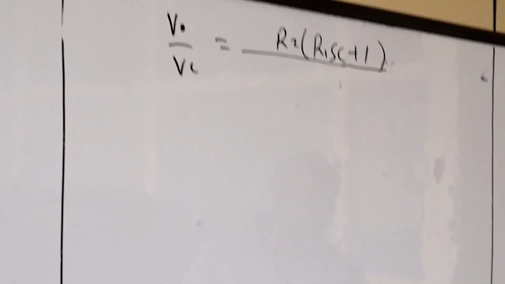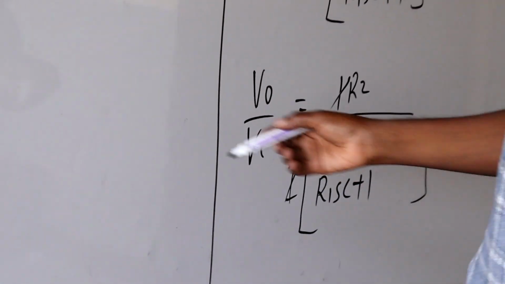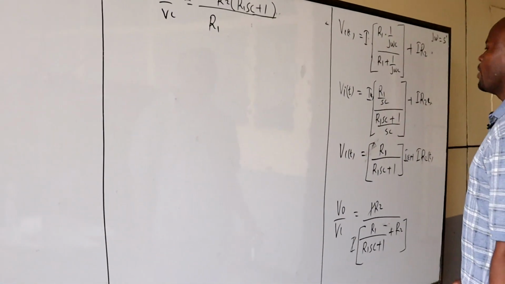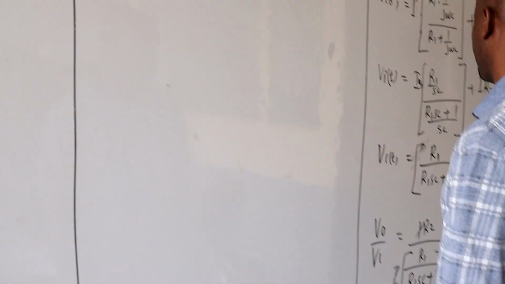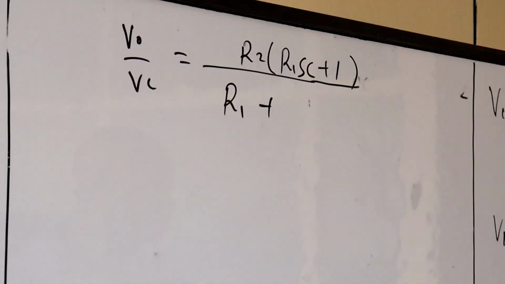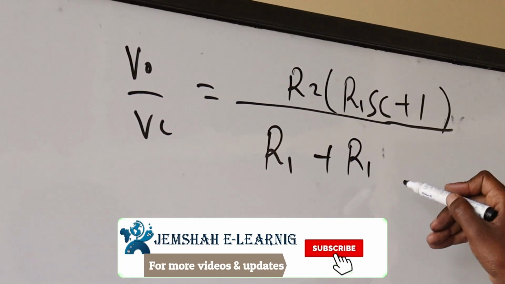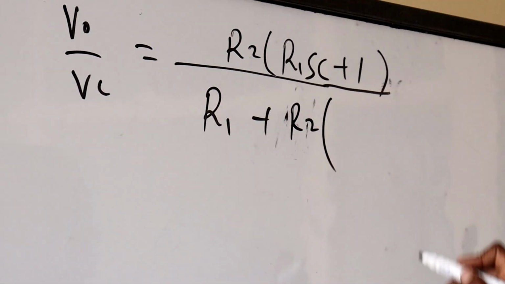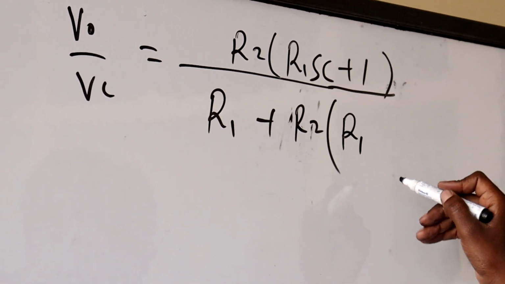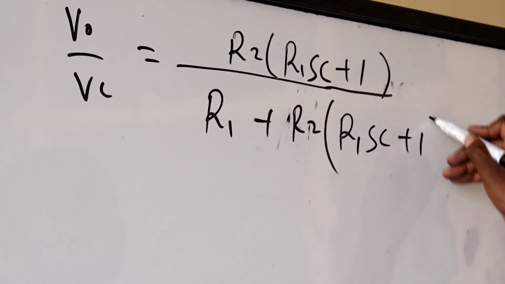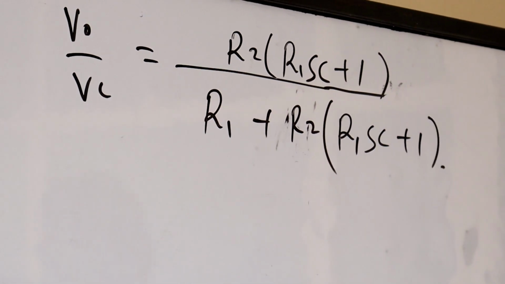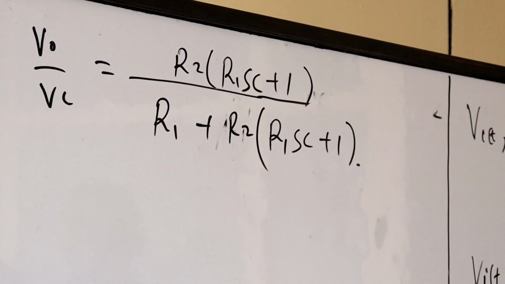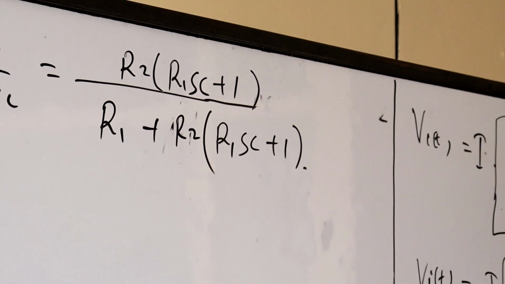Then all over R1 plus, we can talk of R2 into R1 SC plus 1. Then now, that is what we have. If we simplify that, with that you shall have obtained the transfer function.